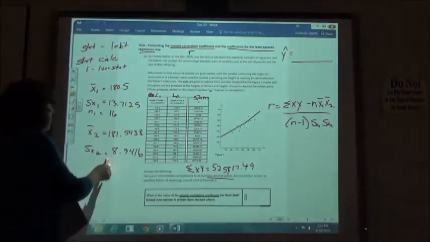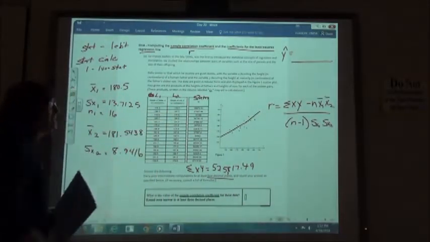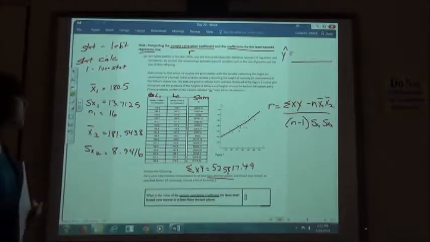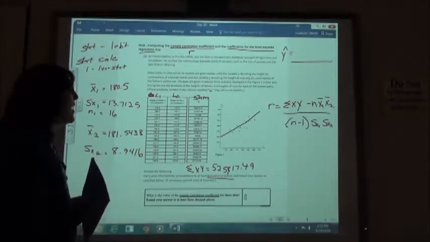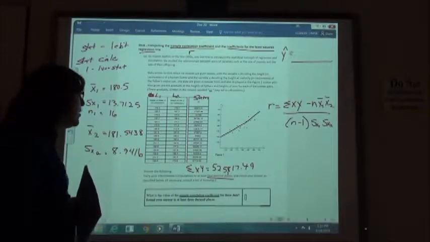So the n's for both of these should both be 16 because I have the same numbers, father and sons, they both were 16. So I'm going to plug that into my formula, do my calculations.